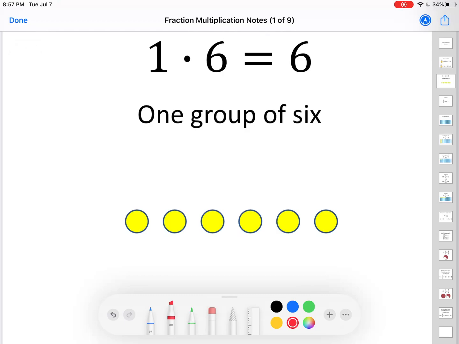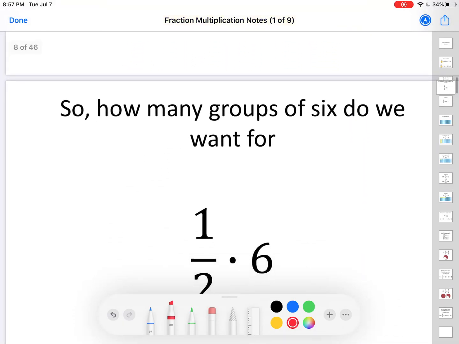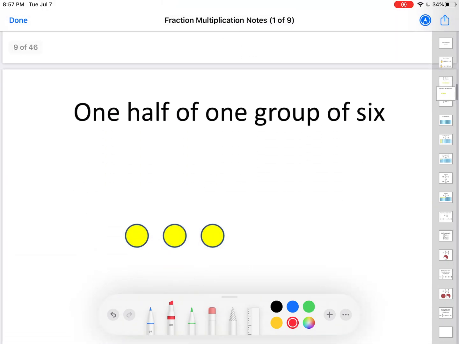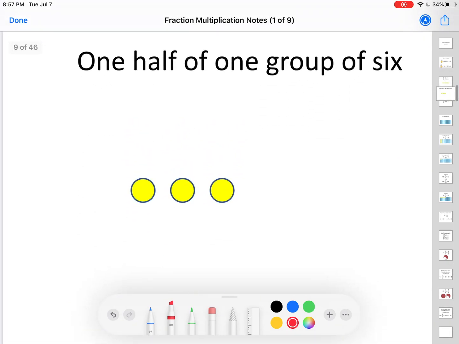Easy. Okay? So how many groups of 6 do we want for 1/2 times 6? Do we want a whole group of 6? No. We only want half of a group of 6. That's half of a group of 6. And how many is it?